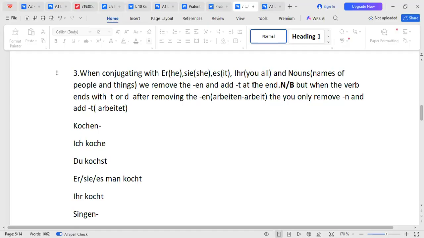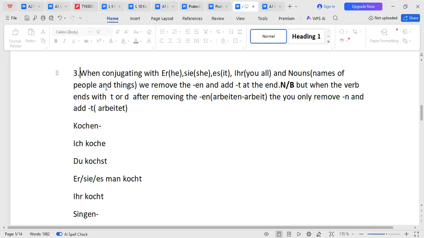There is also an exception when the verb ends with a t or a d after removing the en, like arbeiten, which is to work. They're very few, so you should know how to handle them. Nicht vergessen. Don't forget the exception.